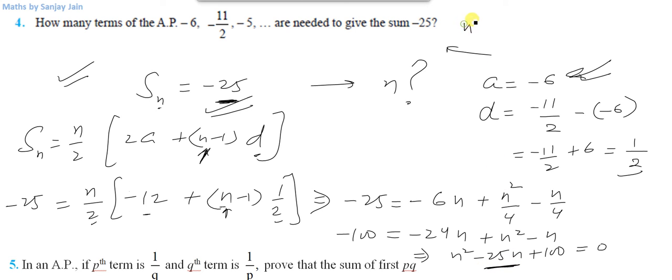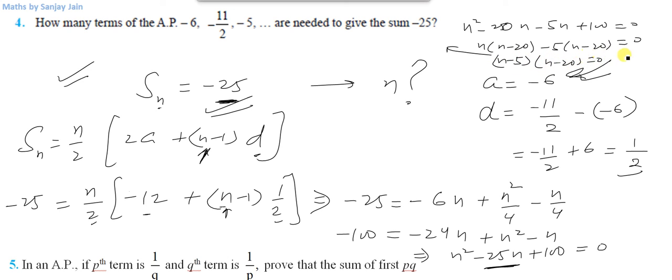So n squared minus 20n minus 5n plus 100 equals 0. So I'll have n into n minus 20 minus 5 into n minus 20. I'll have n minus 5 into n minus 20 equals 0. So either n will be equal to 5. Let me change the color because this will become messy now. n equal to 5 or n equal to 20.